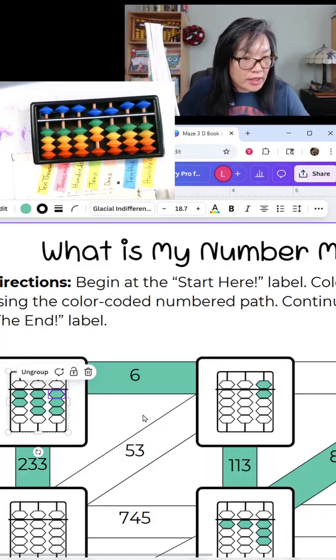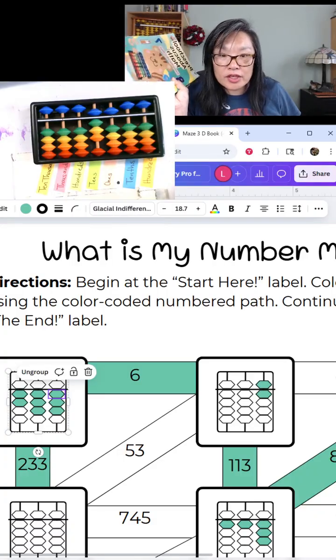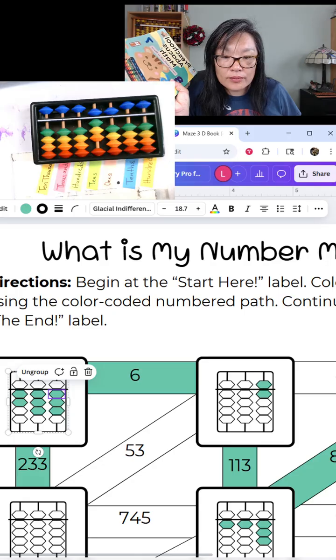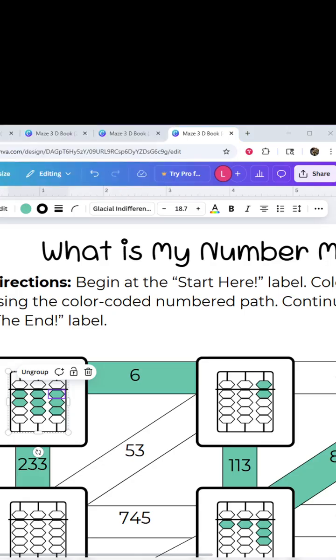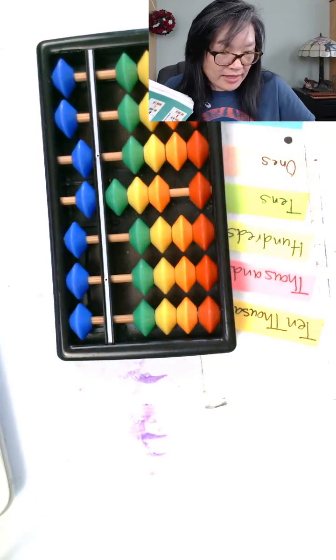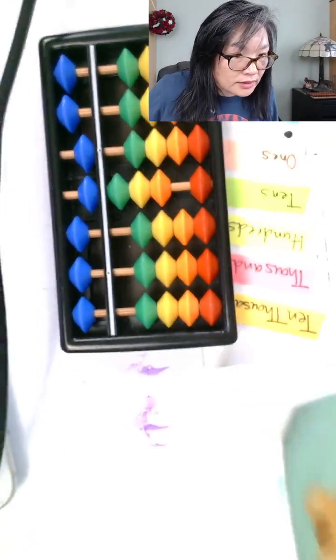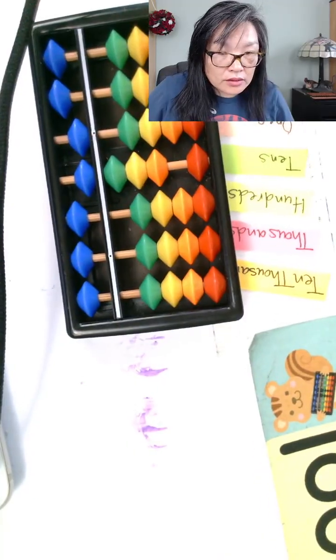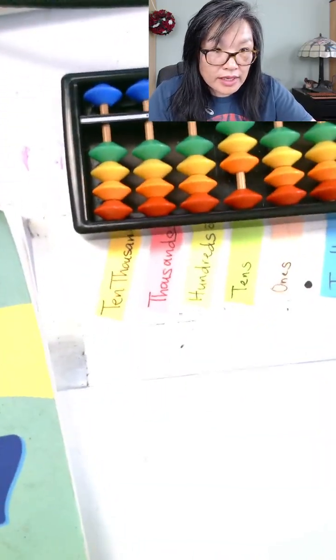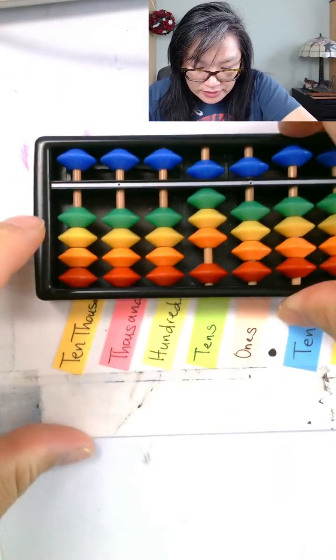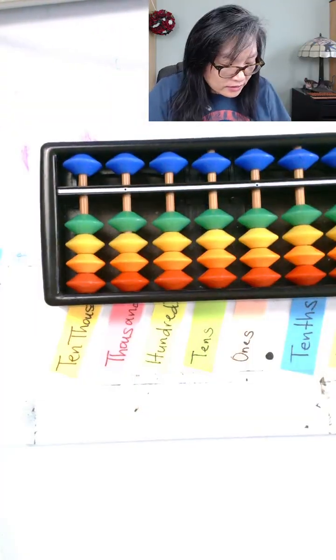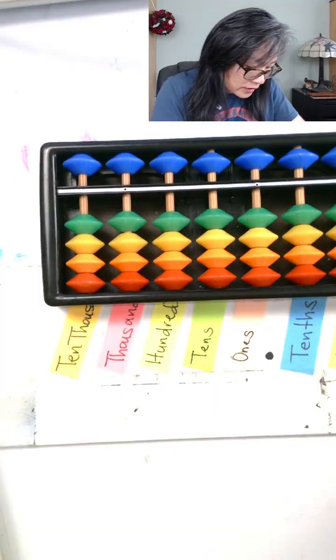Okay, so when we're looking, let me change this out. There we go. So here's my abacus. Okay, so we have our digits. When we're counting, oh, hold on, sorry.